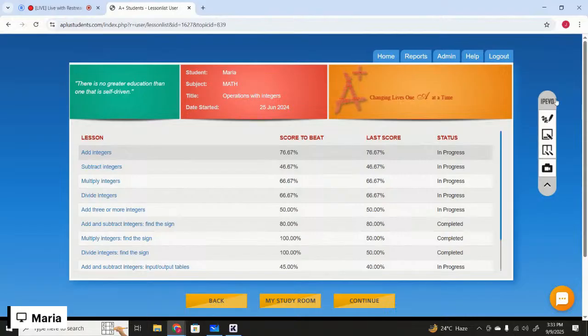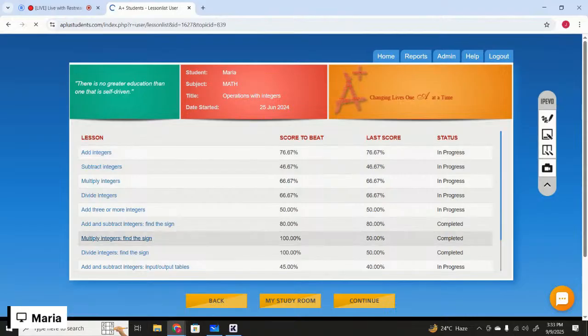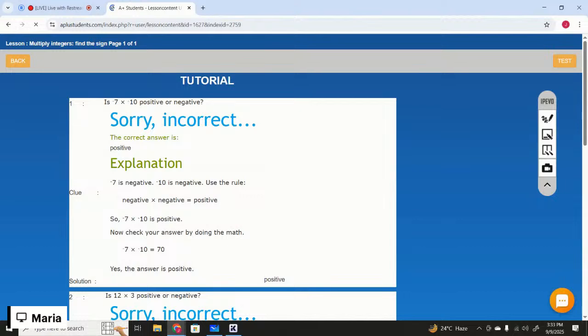The next lesson is multiply integers, find the sign. Now, if either of the numbers is negative, the product is negative. Got it?